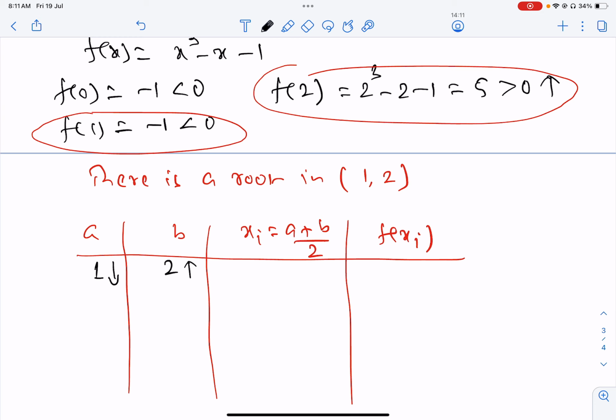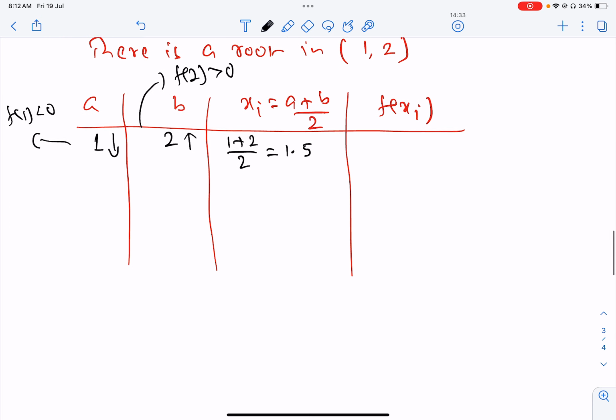That means f2 is positive. So the xi is nothing but 1 plus 2 by 2, and that is nothing but 1.5.